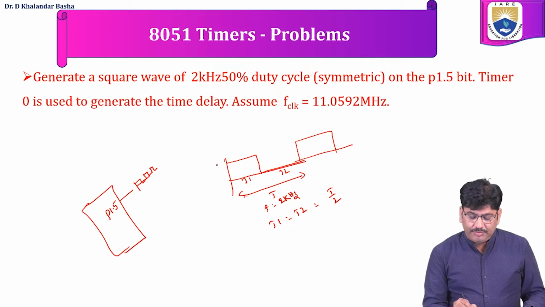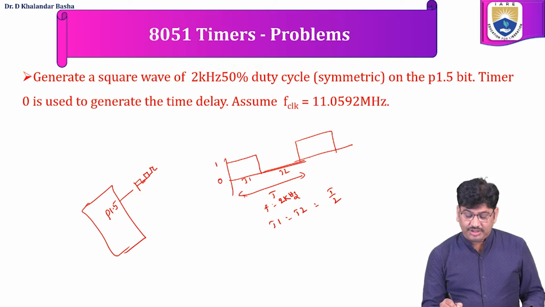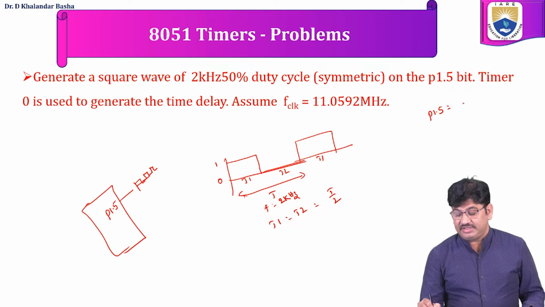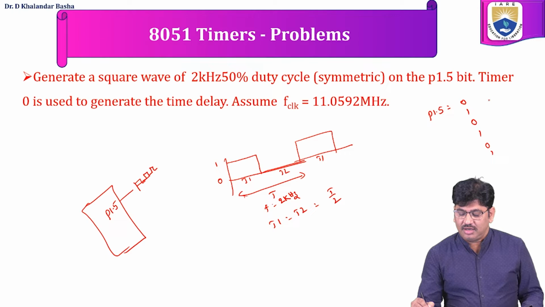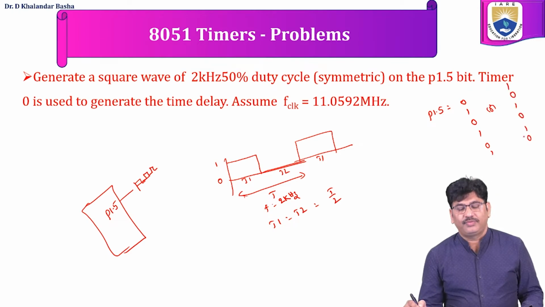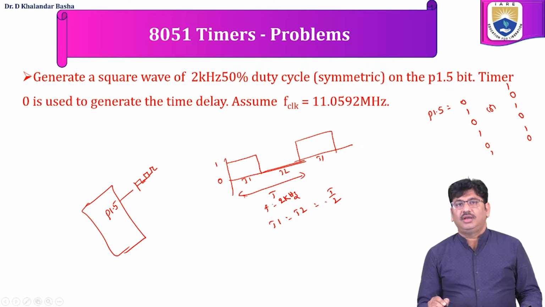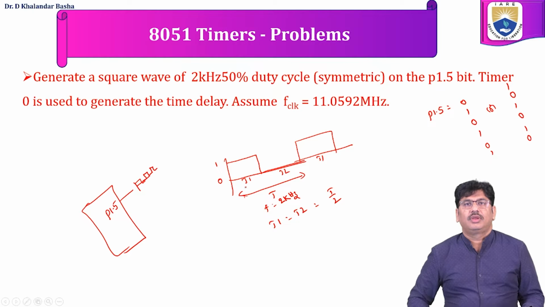Here we pass logic 1 for T1 duration, logic 0 for T2 duration, again logic 1 for T1 duration, and so on. So on port 1.5, we will send 0, 1, 0, 1, 0, 1 or 1, 0, 1, 0, 1, 0. Each pattern will be sent for the T1 time.